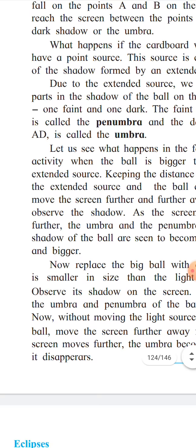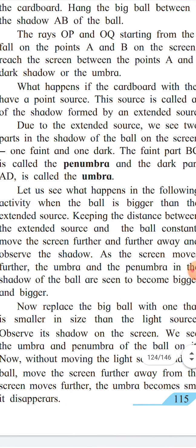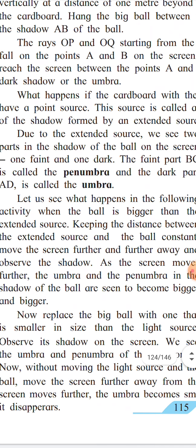See what happens if the cardboard with the point source is removed. Now this source is called an extended source. And what is the nature of the shadow formed by that extended source?